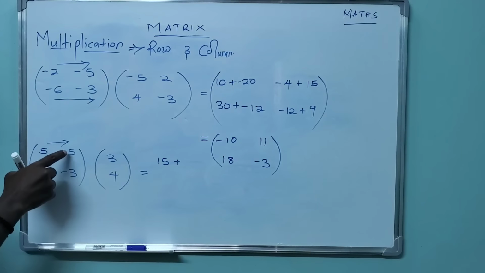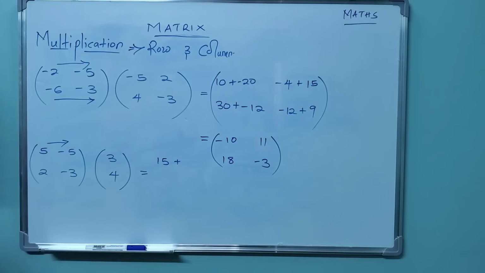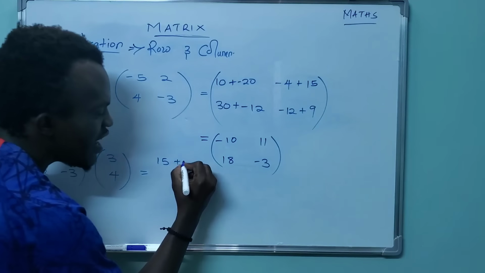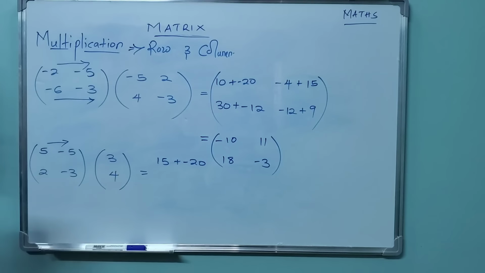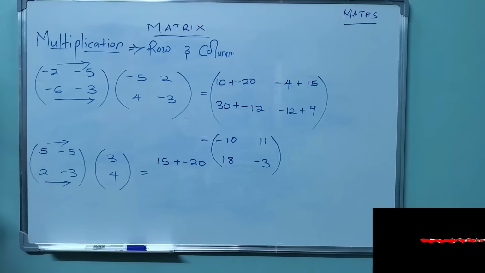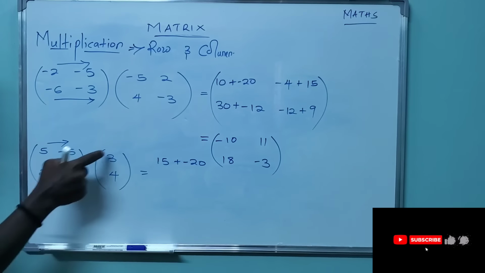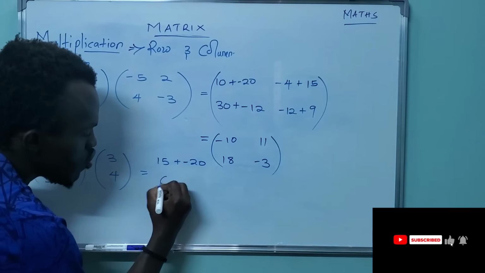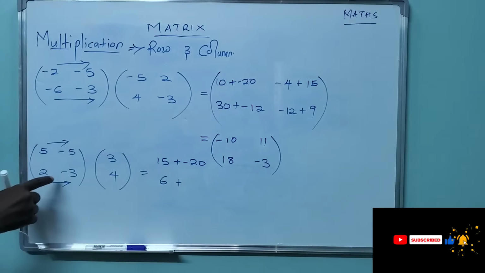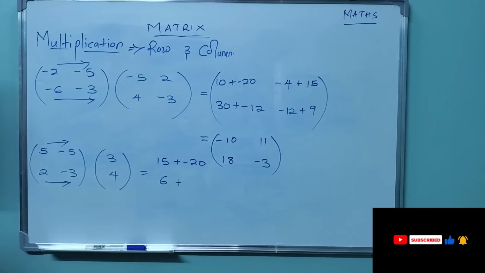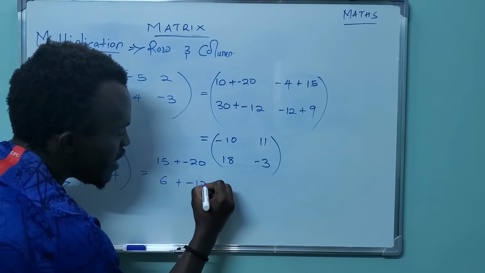Then plus -5 multiplied by 4, I'm going to have -20. I'm done with that one. I go to the lower one now. With the lower one, it is going to be 2 multiplied by 3, which is going to be 6, plus -3 multiplied by 4, which is going to be -12.